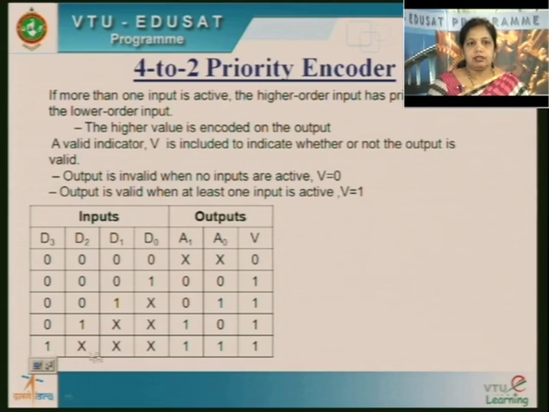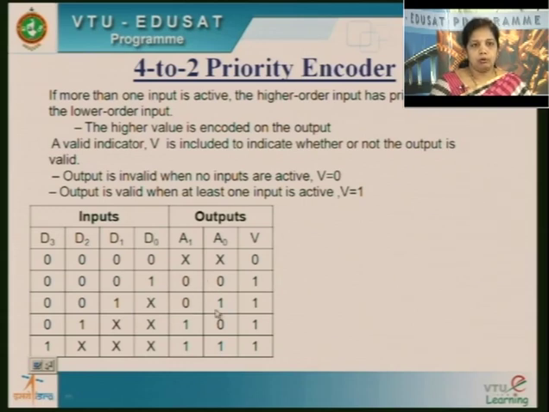So considering the last row, D2, D1, D0, no matter whether it is logic 1 or 0, D3 has got highest priority over these 3. So my code will be 1 1. For D0, my output is 0 0.